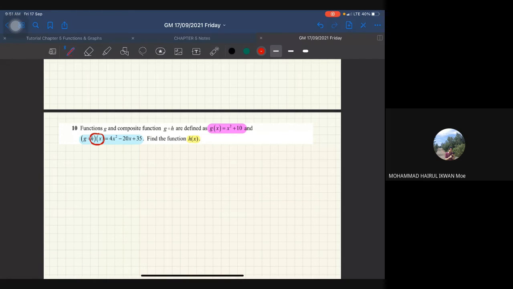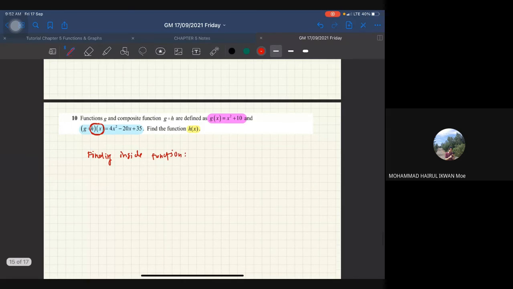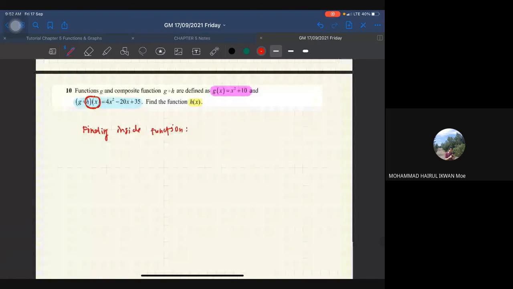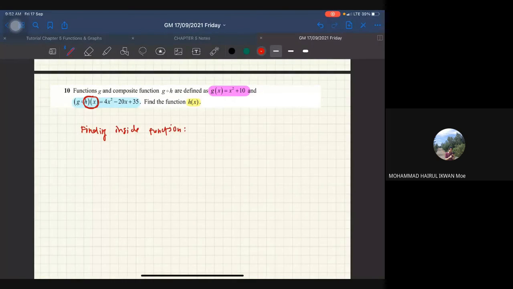Okay, so over here kita nak cari inside function. Finding inside function. Okay, so nak cari inside function ni dia simpler. Dia senang sikit daripada yang outside function tu. Okay, so cara dia adalah awak salin balik soalan yang awak dapat.